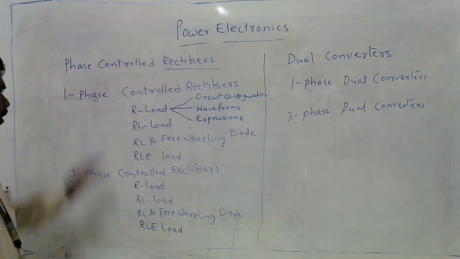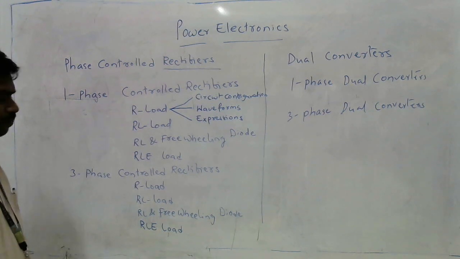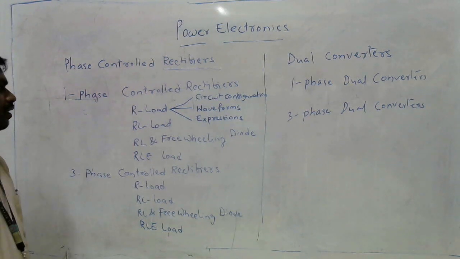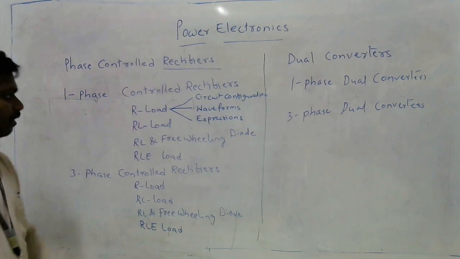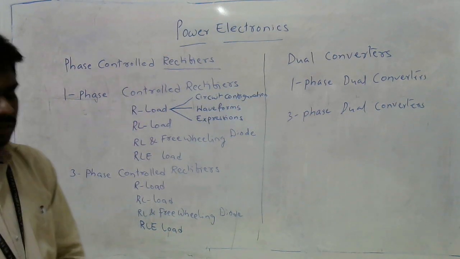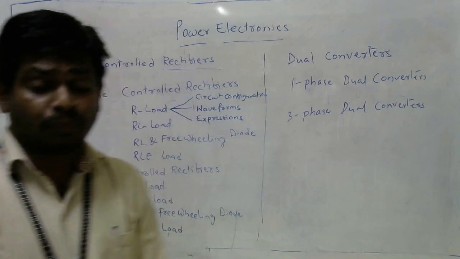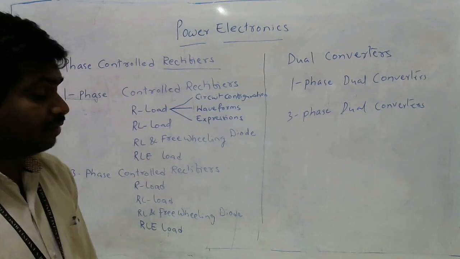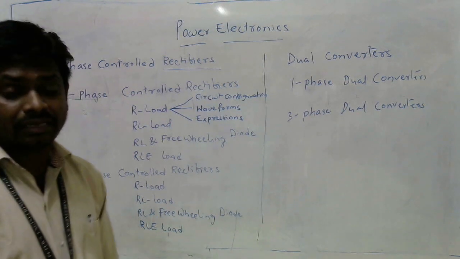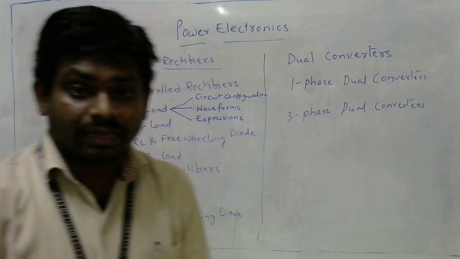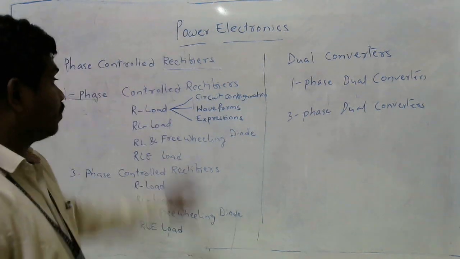When you deal with these things, we get an idea that, based on the load connected at the output of the power electronic configuration, that power processor unit, different quadrant operations are available with a particular configuration.